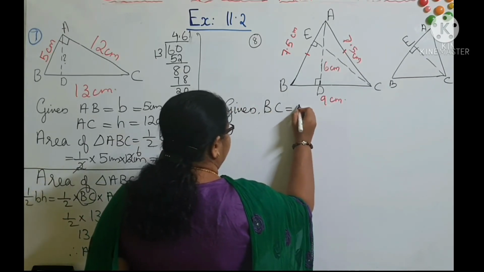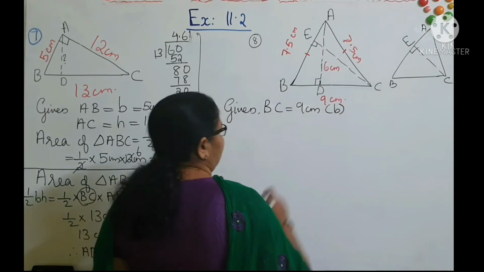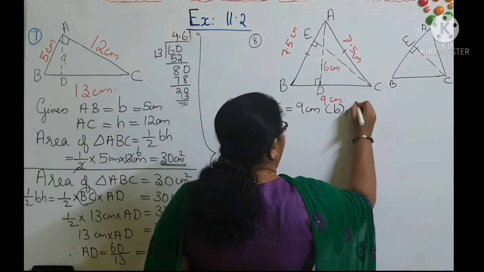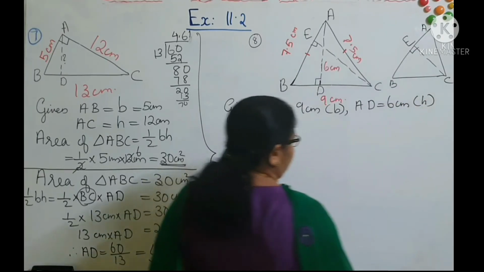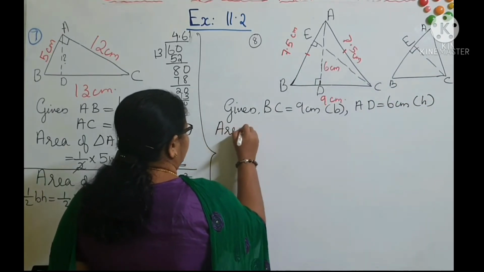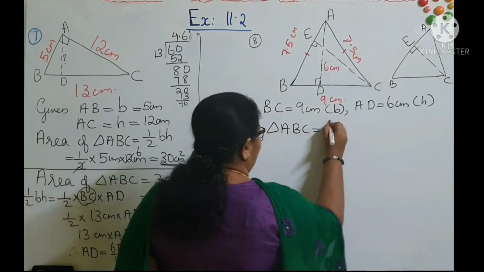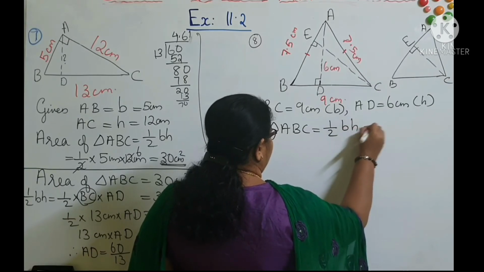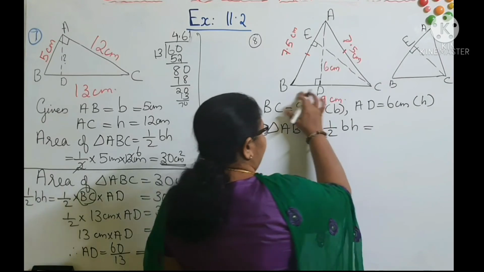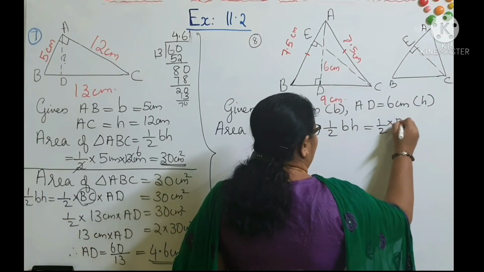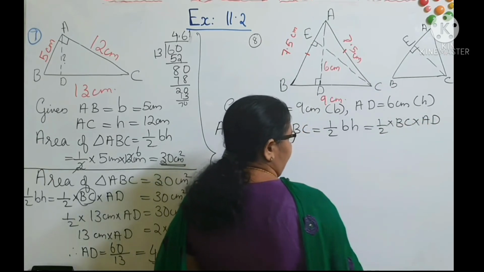BC is equal to 9 centimeter and that is the base. Then height AD is equal to 6 centimeter and that is the height. Then area of triangle ABC is equal to half BH, and that is equal to half into BC into AD.